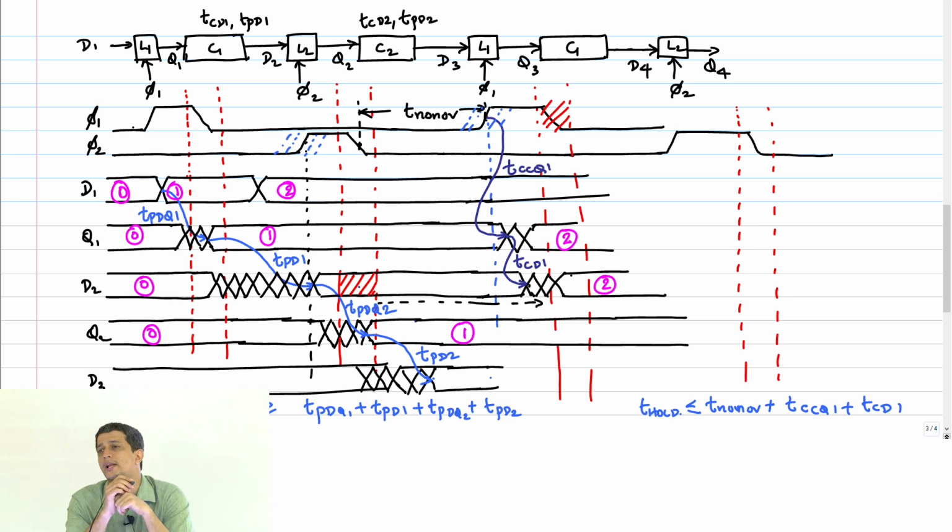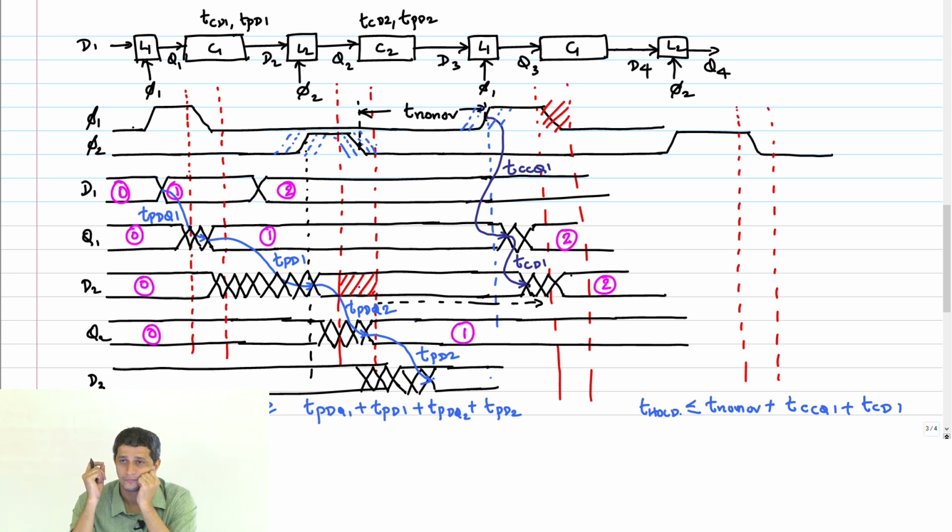What happens to the min delay? Will it be affected by skew or not? So what is it that I have to look at? I have to now look at this edge, right? Does it affect it or not?